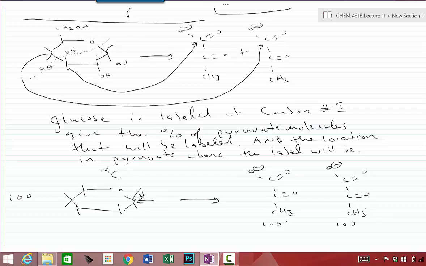So pyruvate has 3 carbons. Which numbered carbon in pyruvate is going to be radiolabeled? The methyl group, perfect. Can we give a number to it?